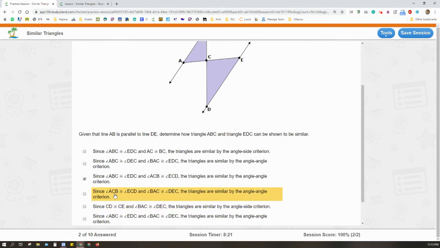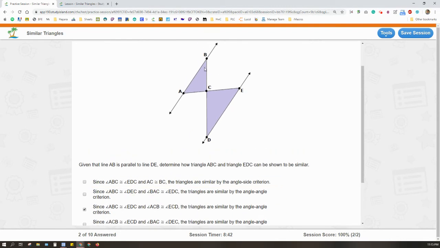Next statement: since angle ACB is congruent to angle ECD and BAC is congruent to DEC, the triangles are similar by the angle theorem. So it says ACB and ECD, which we just decided was true from the last statement, but it also says BAC and DEC. Let's check that out. BAC, so that's this angle right here.